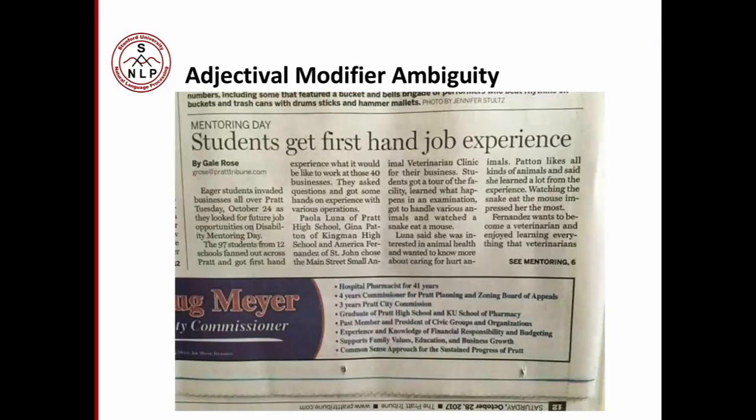Student gets first-hand job experience. Okay, so what the person who wrote this intended is that here we've got an adjective modifier ambiguity. The intended reading was that first is an adjectival modifier of first-hand, and it's first-hand experience.